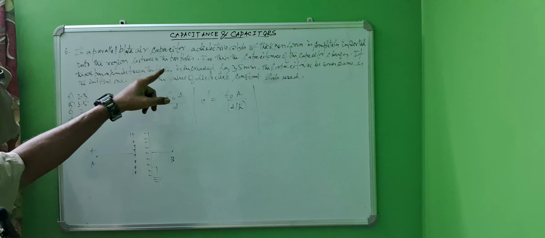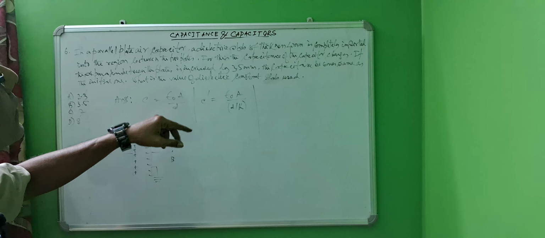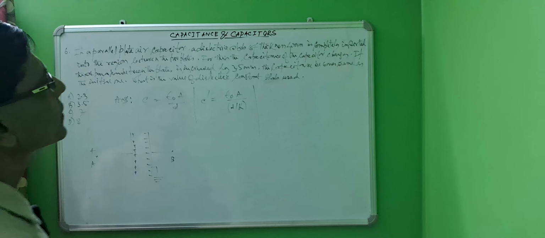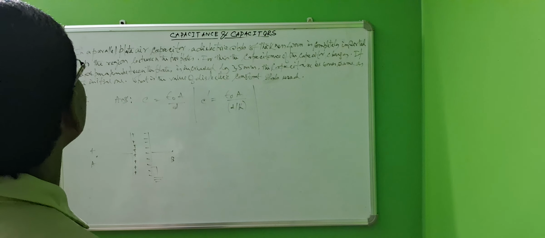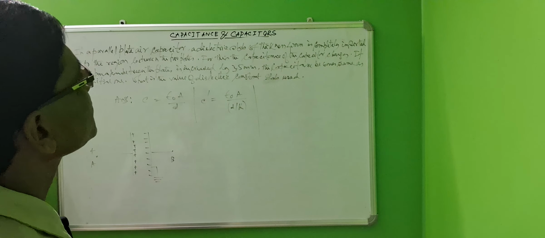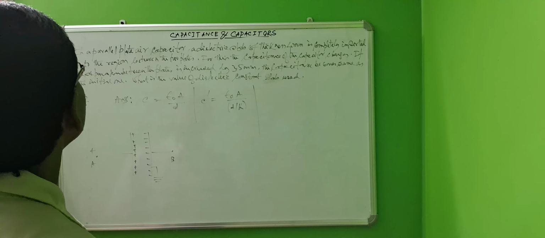In a parallel plate capacitor, a dielectric slab of thickness 4 millimeter is completely inserted into the region between the two plates. By this, the capacitance changes.